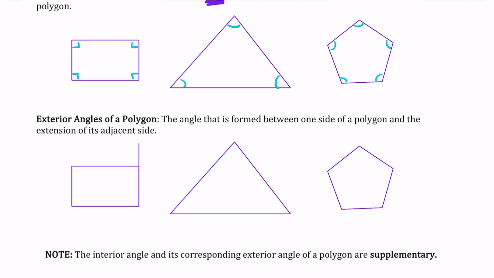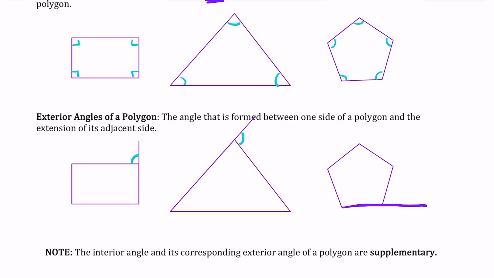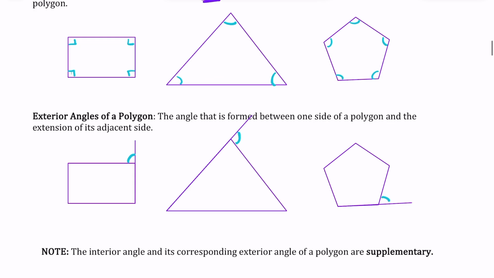An exterior angle is the one that is formed between the outer edge and that extended side. So if I'm taking a look at all of my shapes here, if I'm extending each of these sides, an exterior angle is always going to be the angle formed between one of the outer sides and the extended sides.